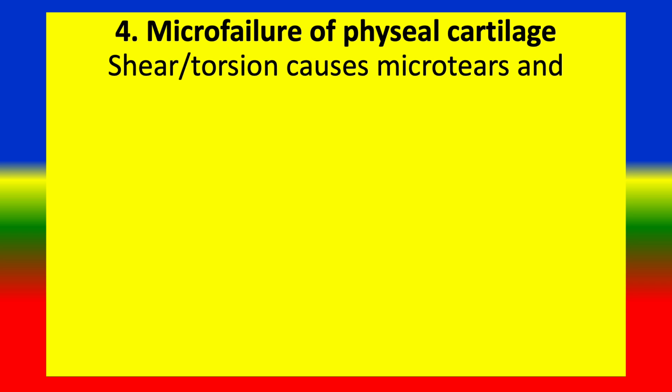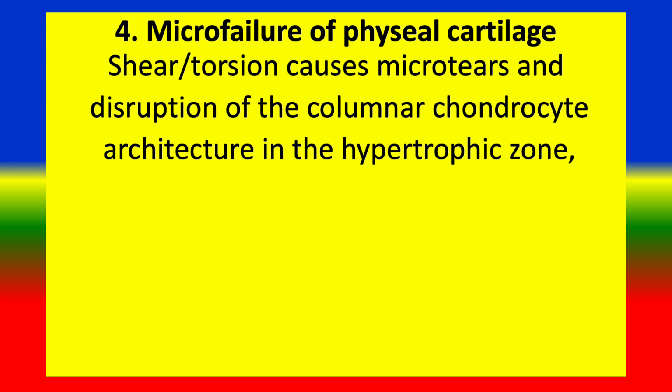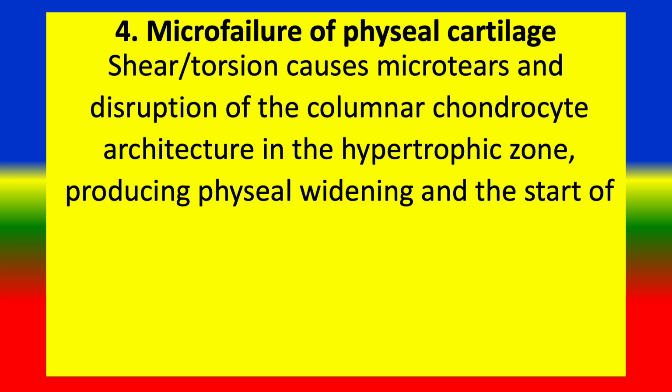Microfailure of physeal cartilage causes micro tears and disruption of the columnar chondrocyte architecture in the hypertrophic zone, producing physeal widening and the start of displacement.